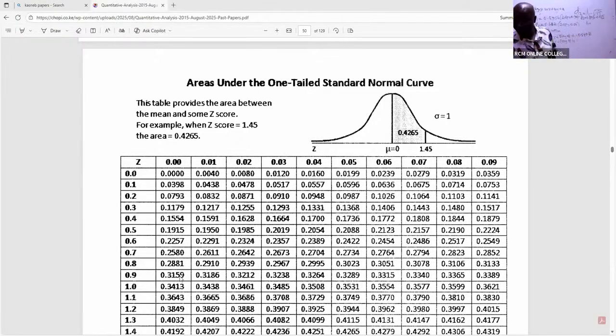D1 is the same as the Z score. Then ND2 is 0.5 plus the entry of D2, and D2 is 0.54. Are you able to see 0.5 is here?